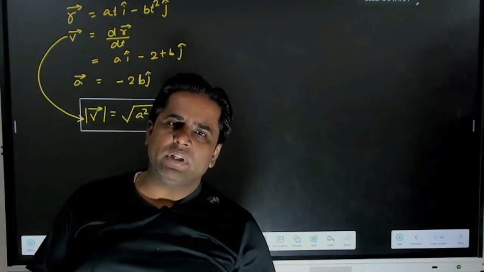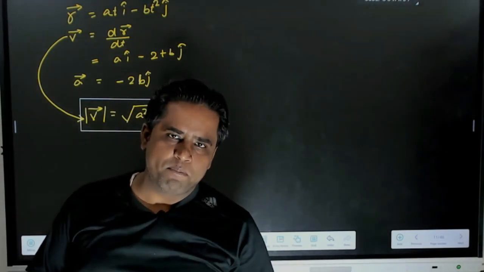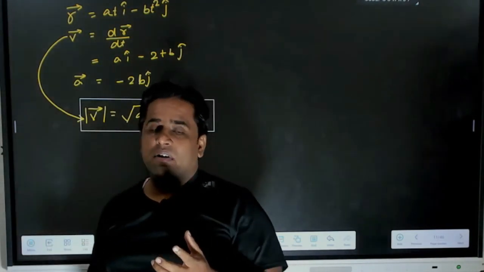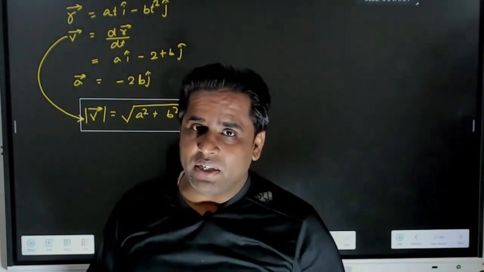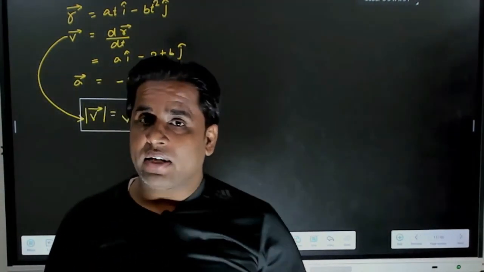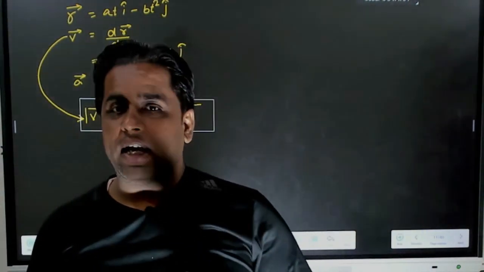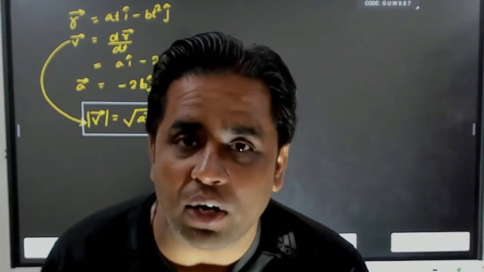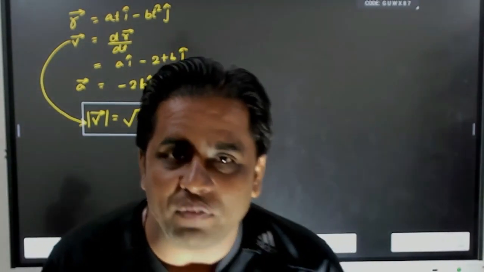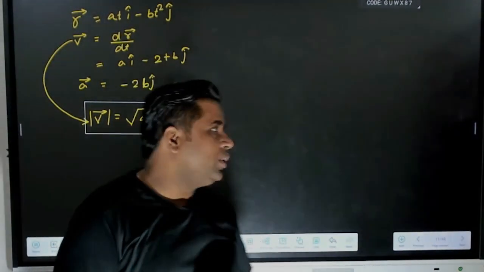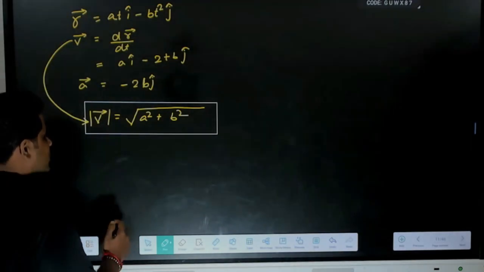Alpha is the angle between the acceleration and velocity. Suppose two physical quantities are given, both vector in nature, and we have to find the value of alpha. What are we going to do then? We are just going to do one thing.